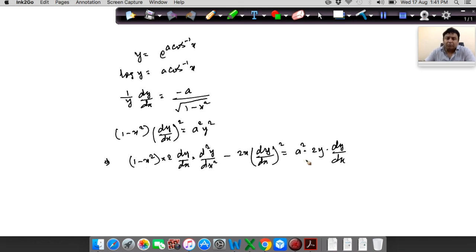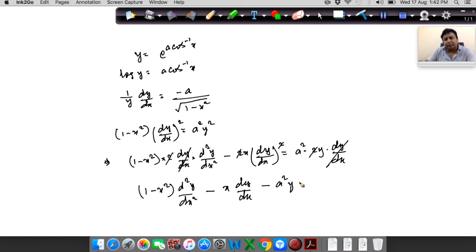Now from the whole thing you see 2 dy by dx, 2 dy by dx and 2 dy by dx cancel out. What I am left with is 1 minus x square d2y by dx2 minus x dy by dx minus a square y is equal to 0. This shifted to that side.